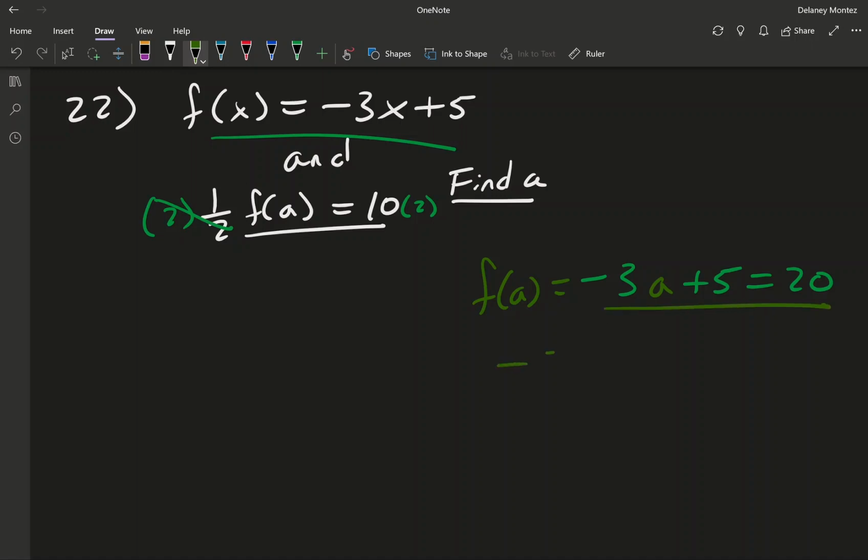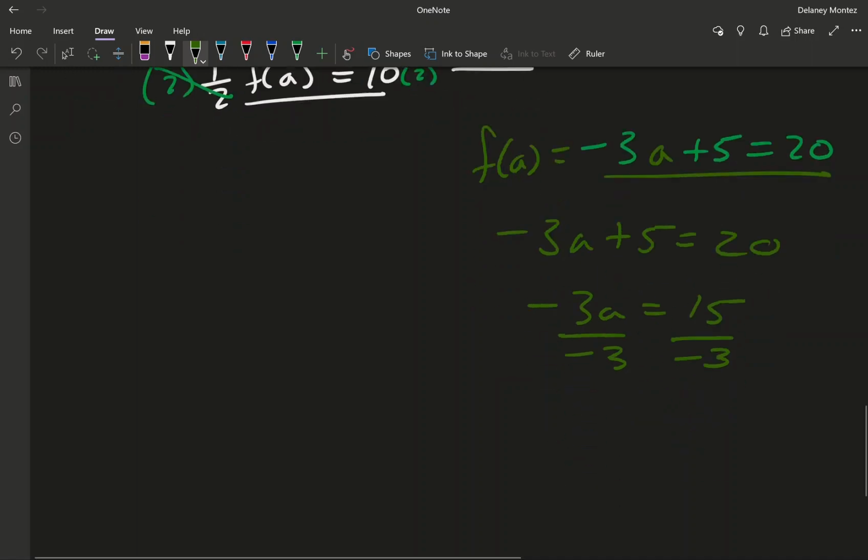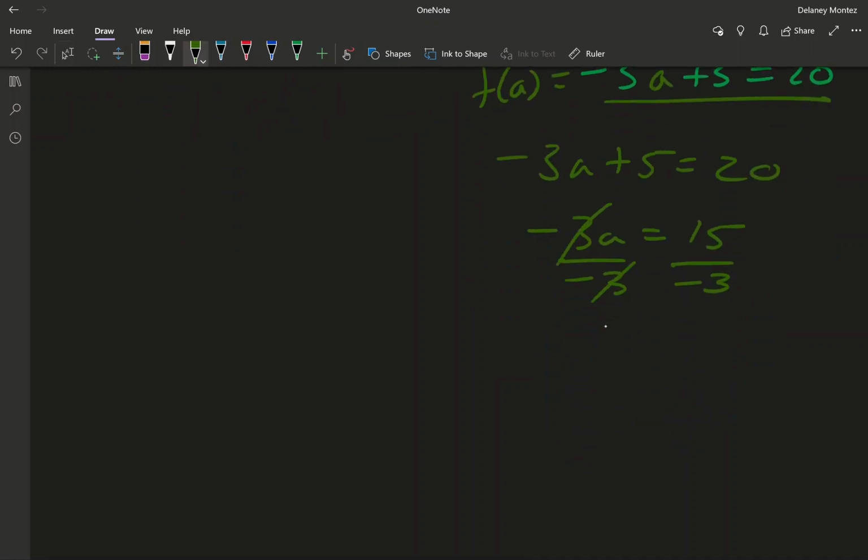Negative 3a plus 5 equals 20. Negative 3a equals 15, taking away 5 from both sides. Divide by negative 3 on both sides, these cancel out, and we get a equals negative 5. And that is choice B.